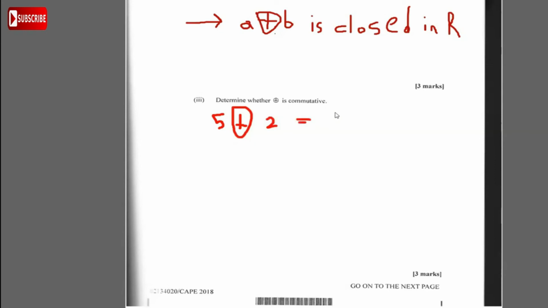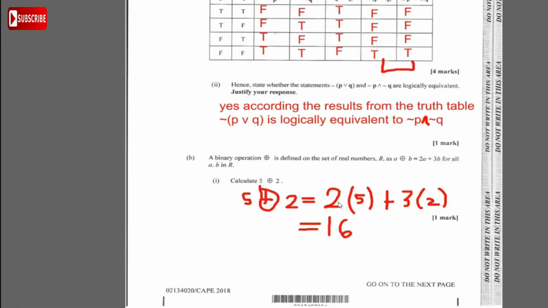So let's check to see if 2 circle plus 5 is 16. So 2 circle plus 5 is going to be 2 times a, so it's going to be 2 times 2 plus 3 times.